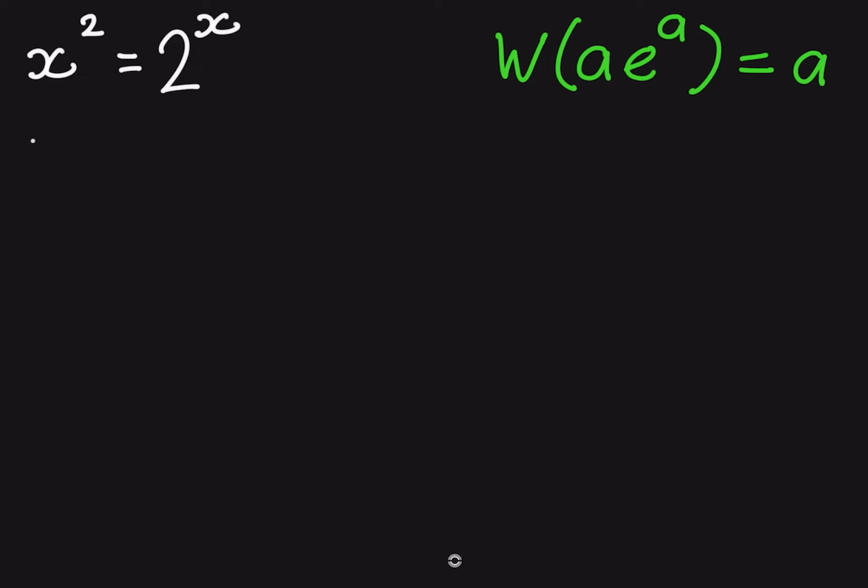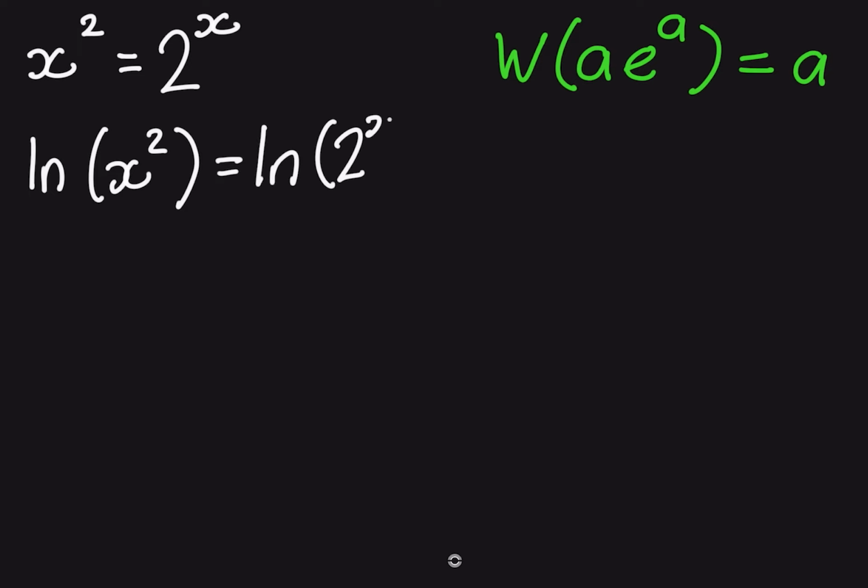The first thing I'm going to do is utilize our log rules by doing the ln of both sides. Using our log laws, I can then drag these two indices in front.